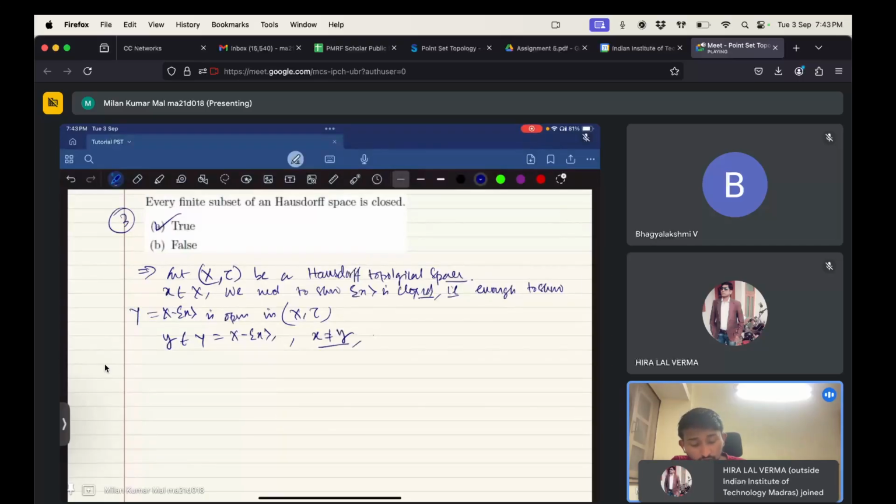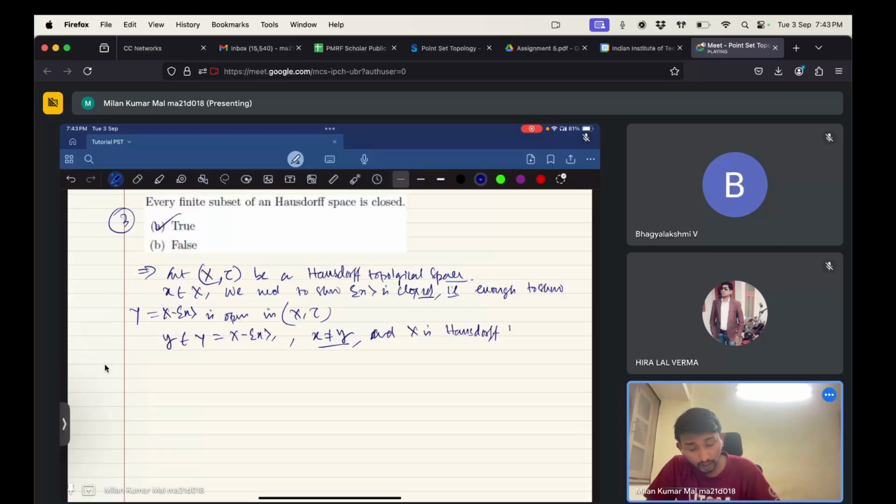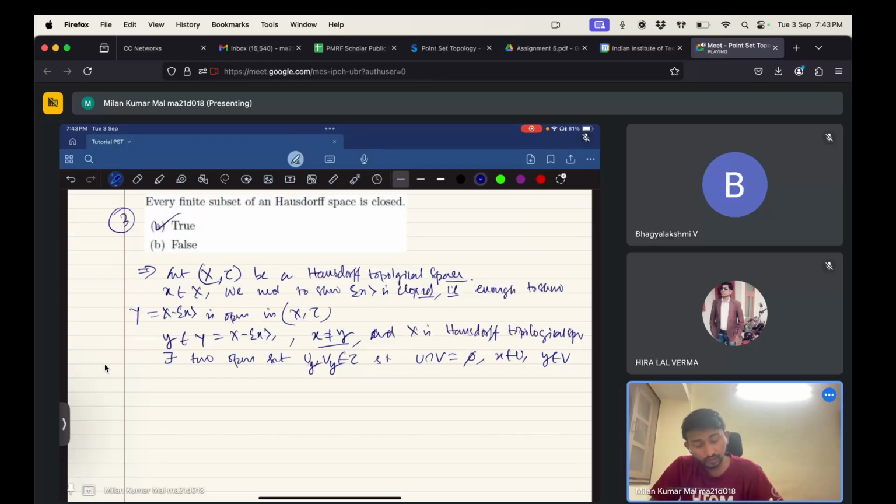Since X is a Hausdorff topological space, there exist two open sets U and V in tau such that U intersection V is empty, x belongs to U, and y belongs to V. I will call these U_y and V_y.